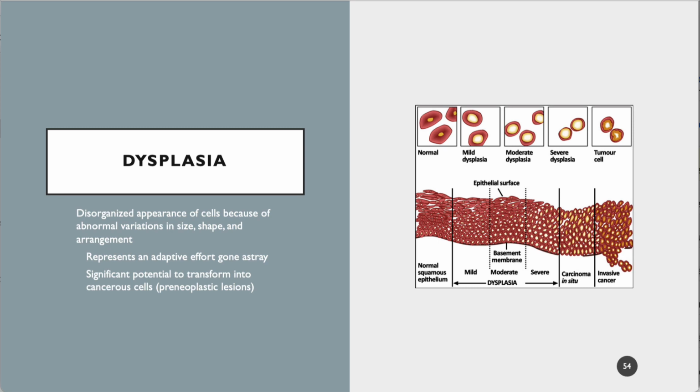And then dysplasia, of course, is just disorganization, and you can see that it goes through several phases where there's mild dysplasia, where it's just a little unusual, and then there's moderate dysplasia.